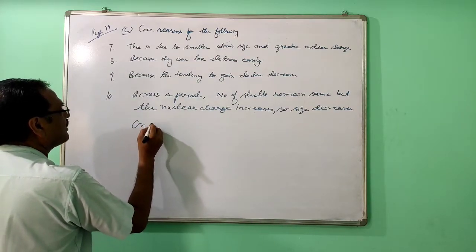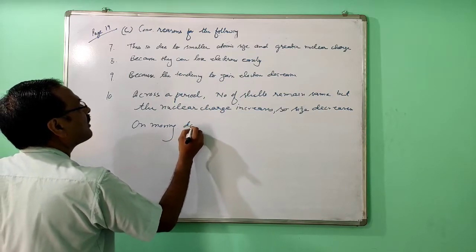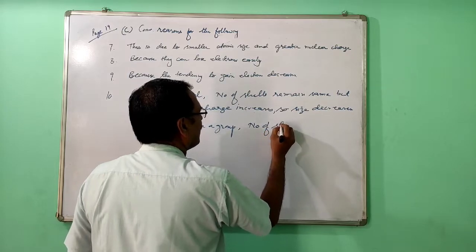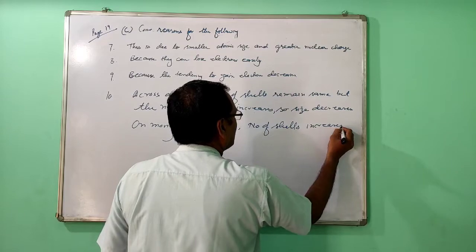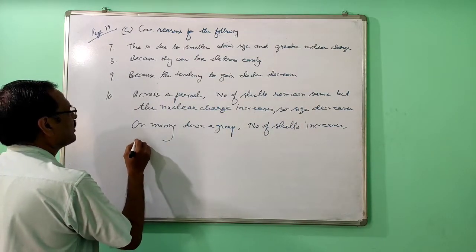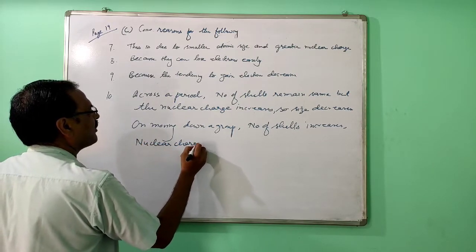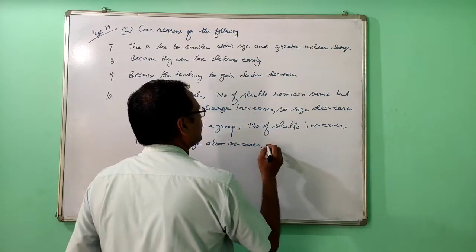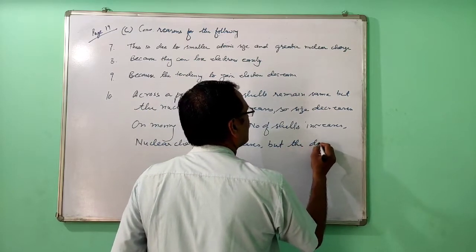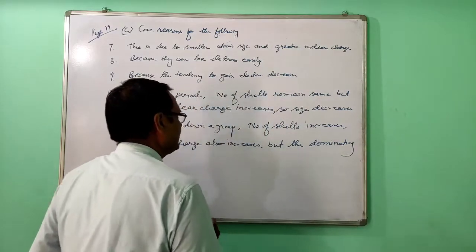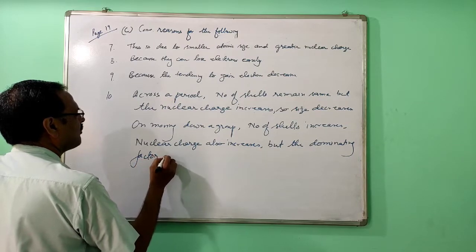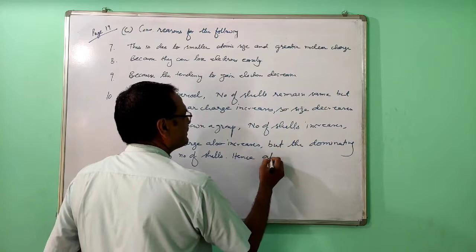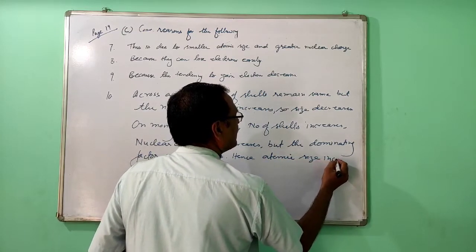On moving down a group, the number of shells increases, nuclear charge also increases, but the dominating factor is the number of shells, hence atomic size increases.